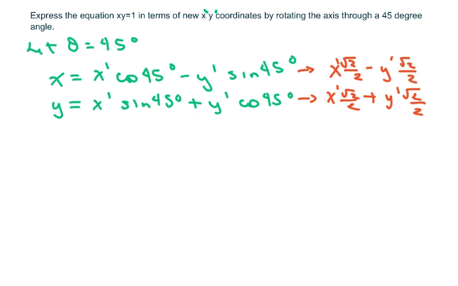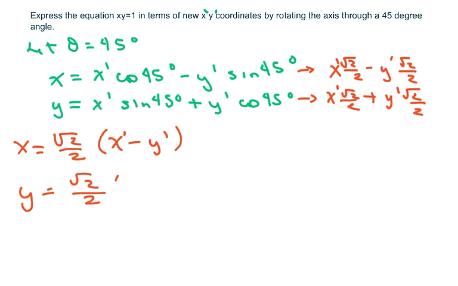Simplifying these two, x is square root of 2 over 2 times x prime minus y prime, and y is square root of 2 over 2 times x prime plus y prime.